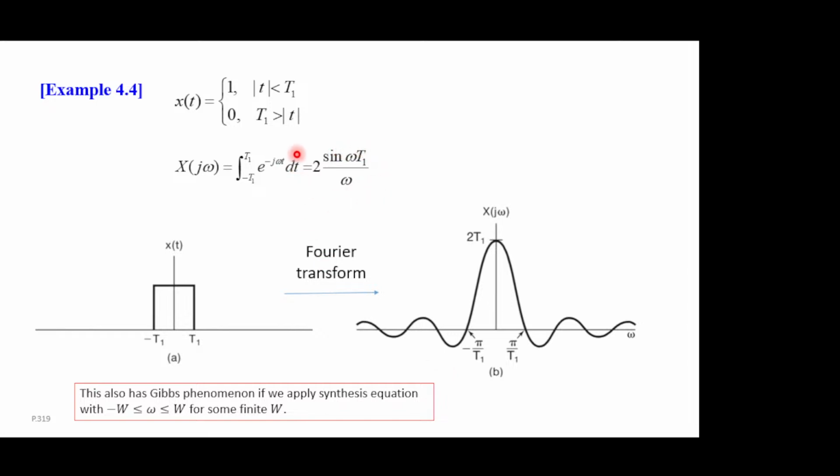You do the integration, so you get the 1 over j omega from doing the integration here. Then you have e to the j omega t1 minus e to the minus j omega t1, and that gives you this sine omega t1 here.